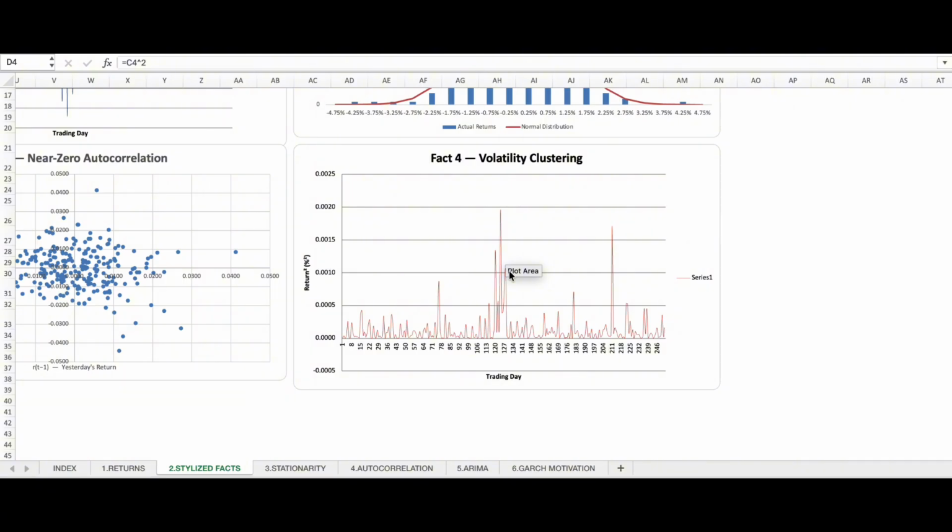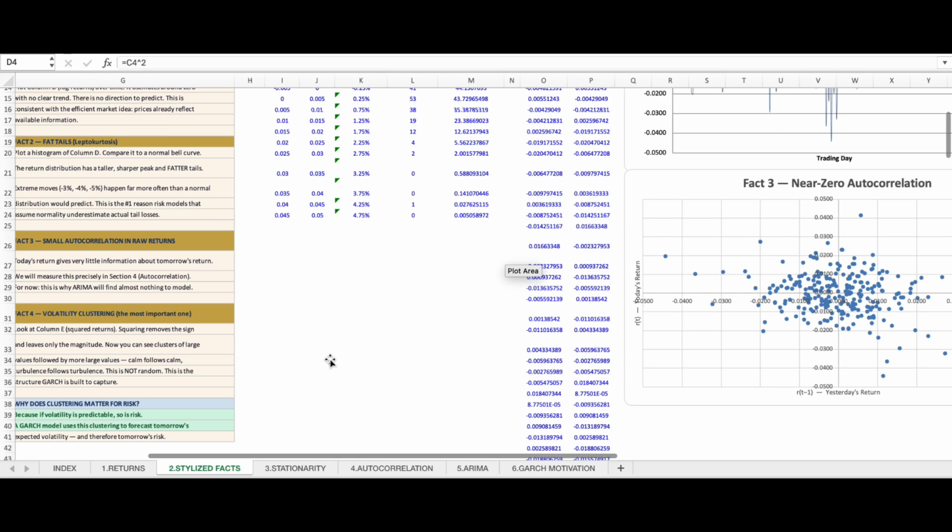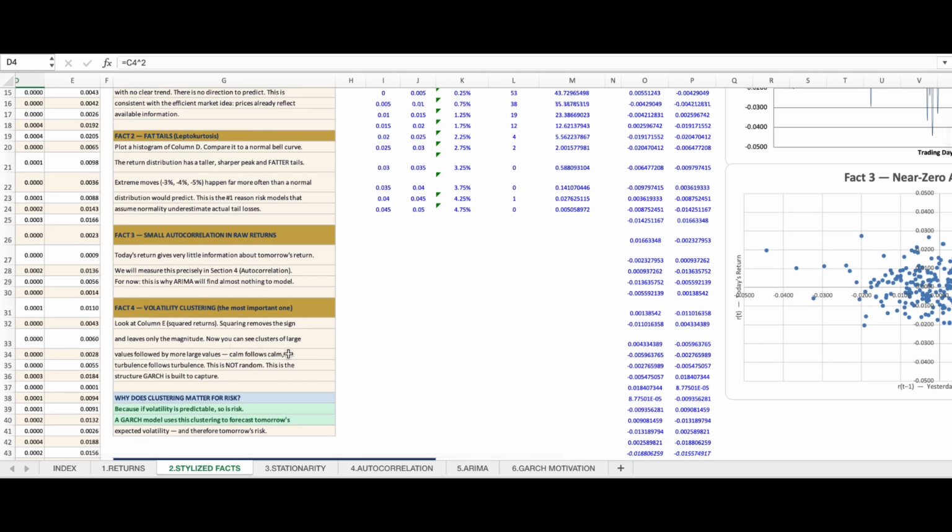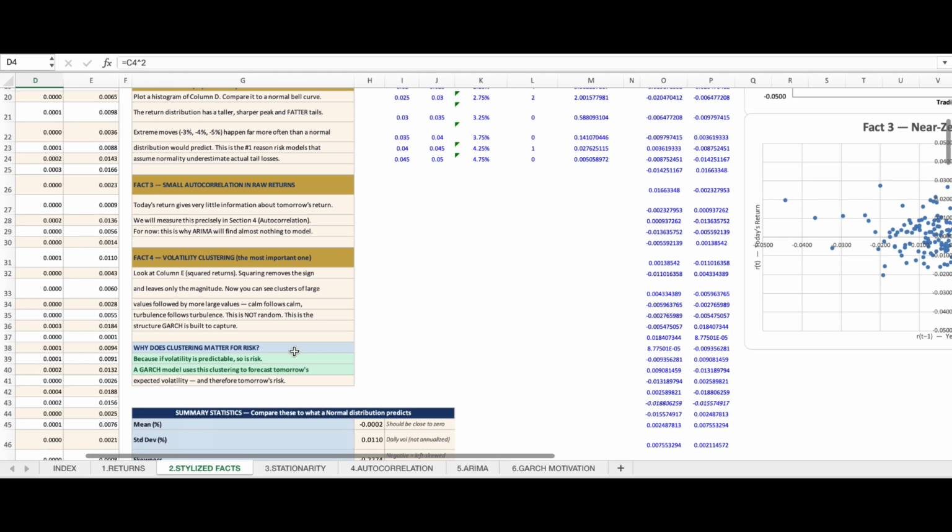This is not random placement. Large moves tend to be followed by other large moves. Calm periods tend to be followed by more calm periods. This is volatility clustering. And it is the single most important stylized fact or statistical property for risk modeling, which we should know. And the implication is that volatility is not constant.